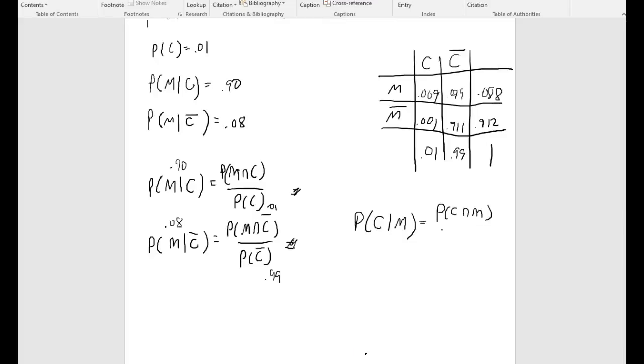C and M, and C and M we know is 0.009, and then probability of M, 0.088, and then 0.009 divided by 0.088 equals about 10%. So the probability given that there is a positive test result that a woman over 50 has cancer is around 10%.